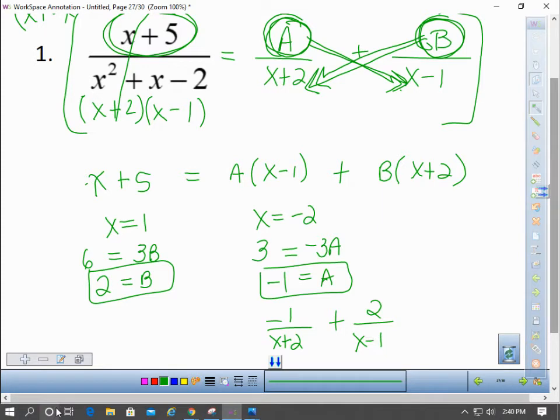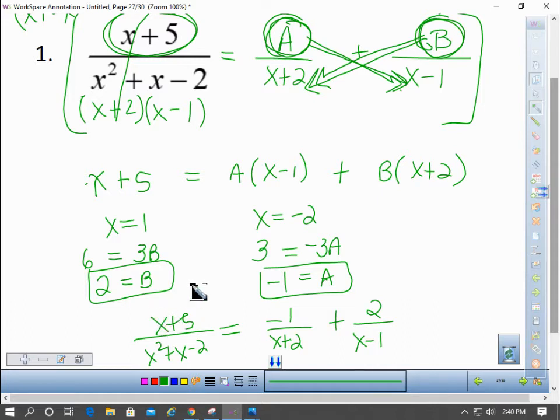You could have them reversed, it wouldn't make any difference. So x plus 5 over x squared plus x minus 2 equals these two partial fractions: -1 over x plus 2 and 2 over x minus 1.